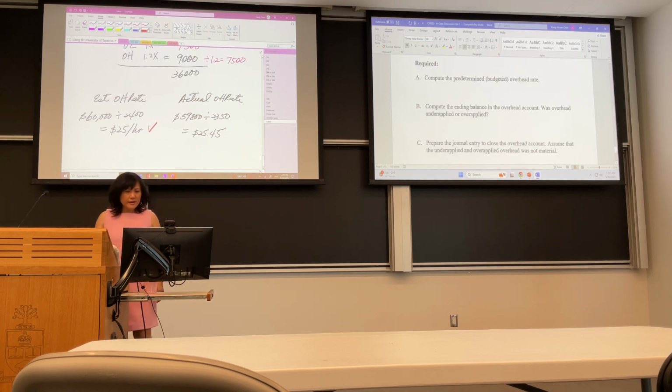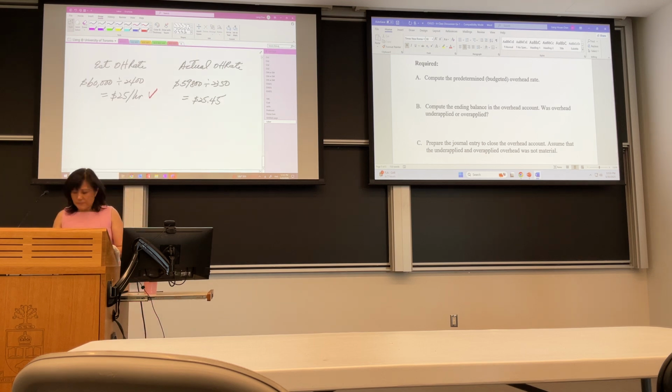Ending balance of the overhead account, over applied or under applied. It has to be under applied, because each hour is under applied by 45 cents.